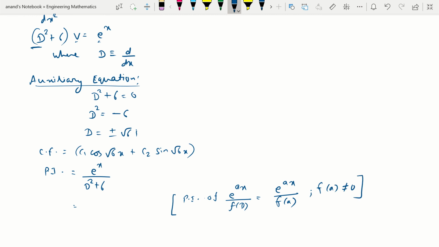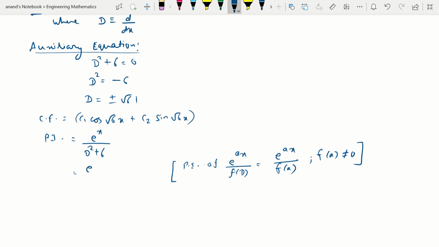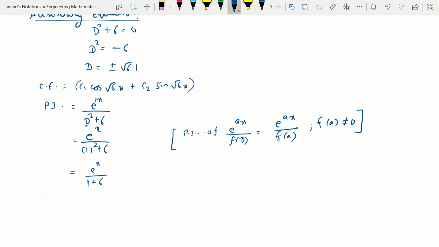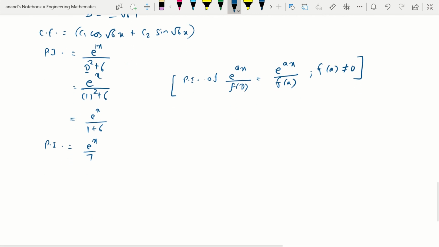So this is e to the power 1x. So we can put 1 in place of D and hence we get e to the power x upon 1 plus 6. That means we get the particular integral as e to the power x by 7.